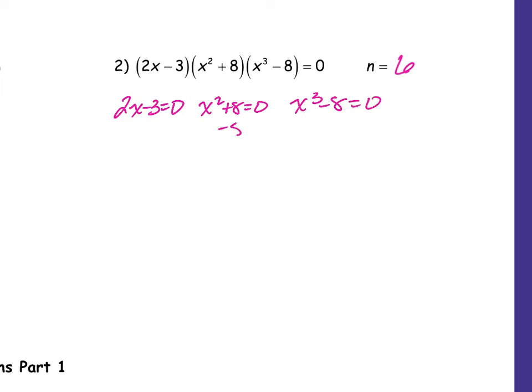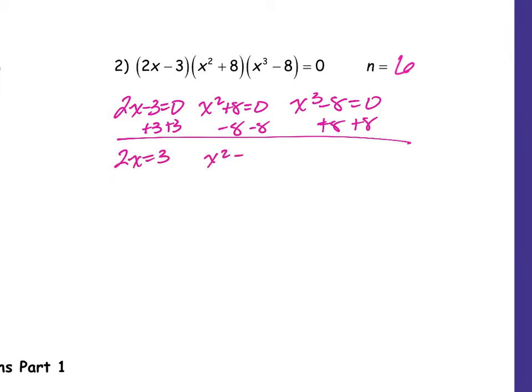So if I subtract 8 and add 8, and I might as well add 3, I get 2x equals 3, and x squared equals negative 8, and x cubed equals positive 8.